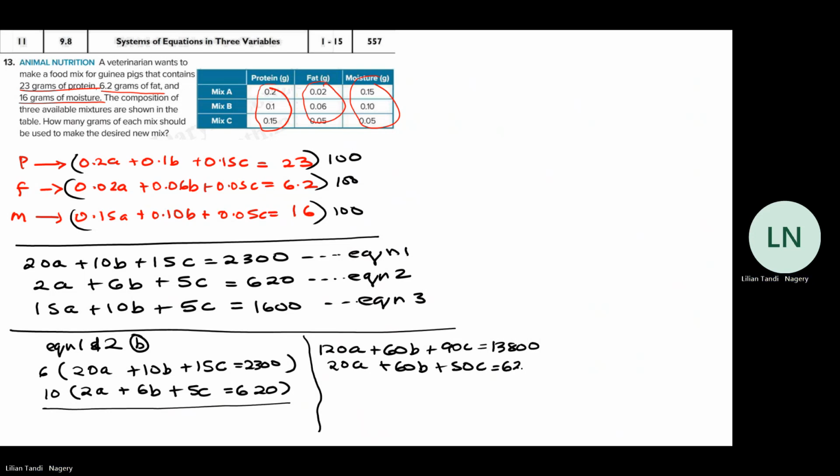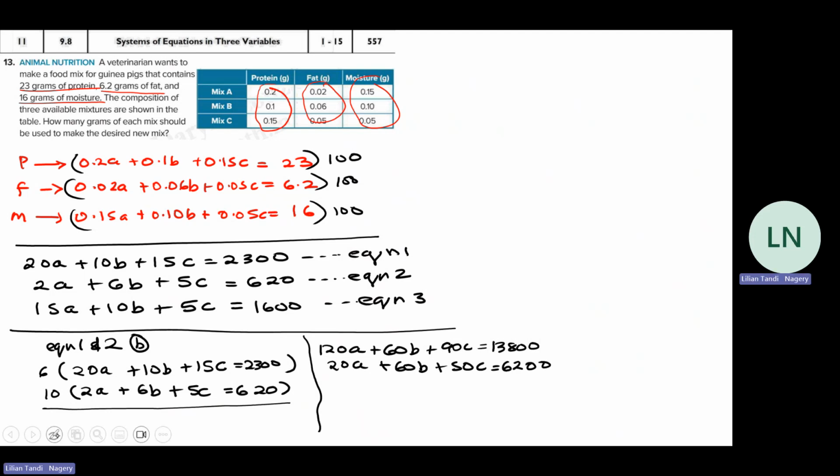Okay, now I don't have space. So now I'm going to write it over here. I'm going to get 120a plus 60b plus, how much is that? 90? Yes, 90c equals 13800. Then I'm going to get 20a plus 60b plus 50c equals 6200.